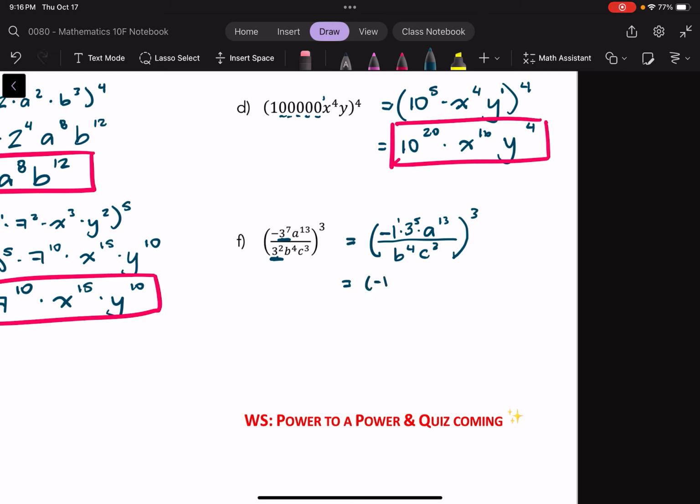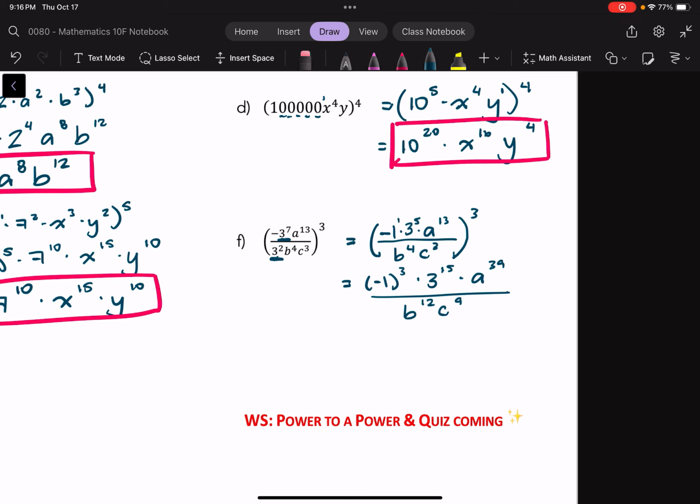I have negative 1 to the power of 3, because 1 times 3 is 3. I have 3 to the power of 5 times 3 is 15. A to the power of 13 times 3, which is 39. B to the power of 12. And C to the power of 9.